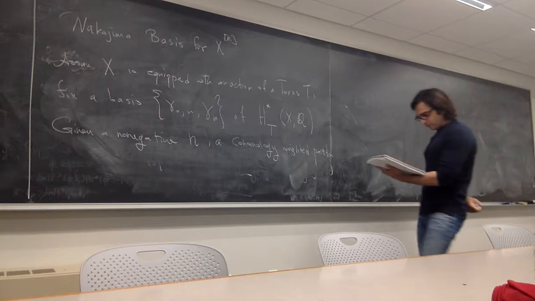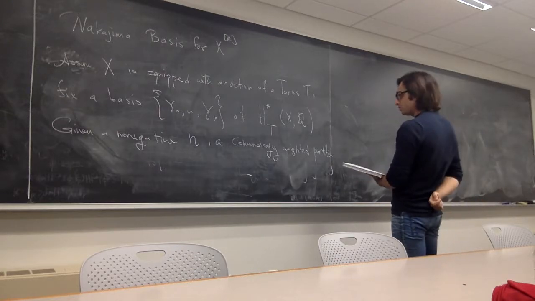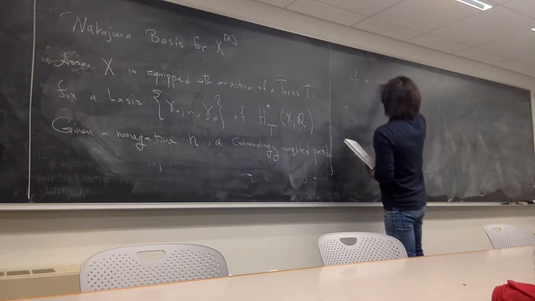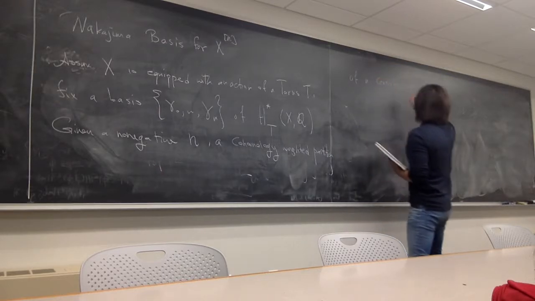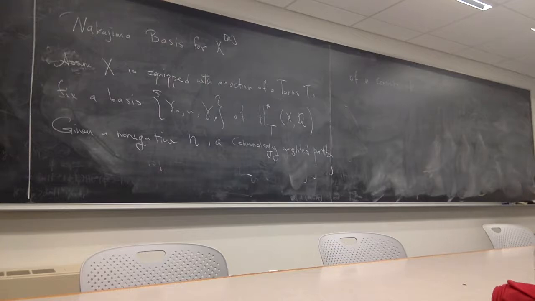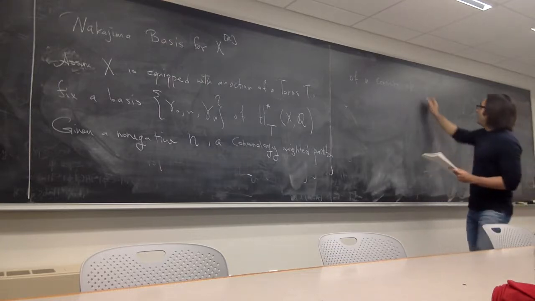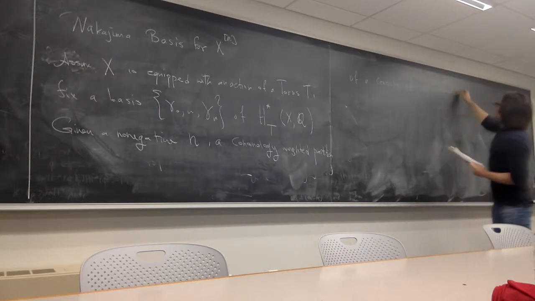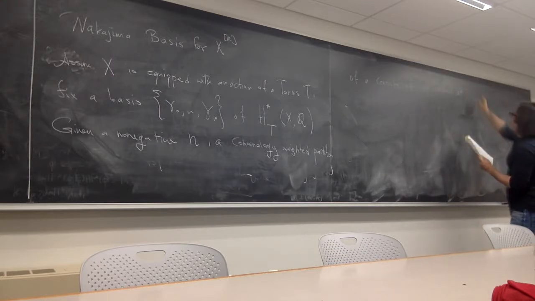Okay, so given a non-negative integer n, the cohomology weighted partition of n consists of an unordered set of pairs.